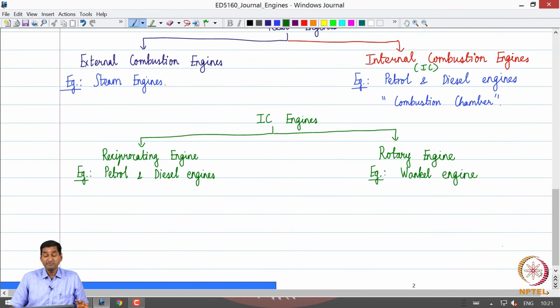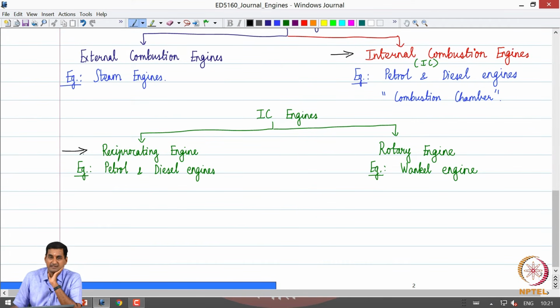Our focus will be on reciprocating engines. So, we are going to look at internal combustion engines, and specifically reciprocating engines. I am going to classify engines based on other attributes shortly, and then we will see what the scope of our discussion will be.